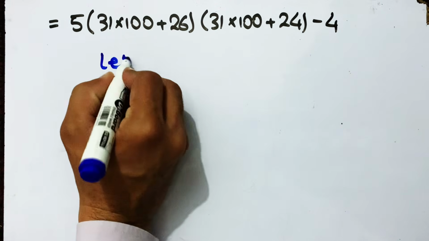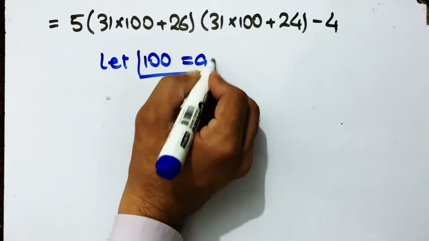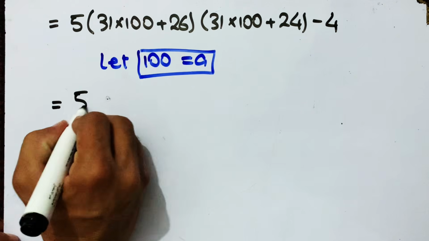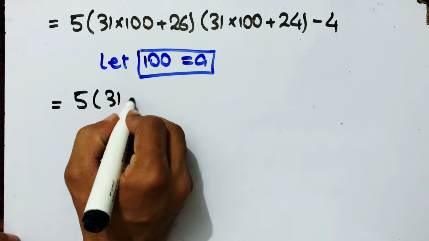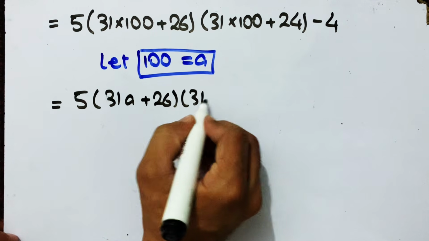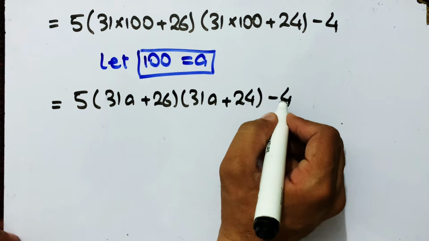Now let 100 equal a. So I place a here, and the equation will be 31a plus 26 and 31a plus 24, minus 4.